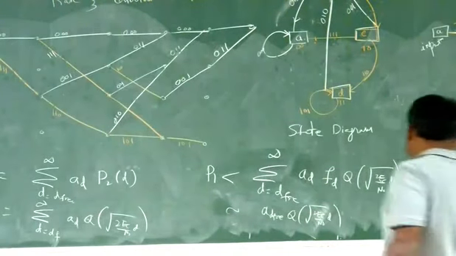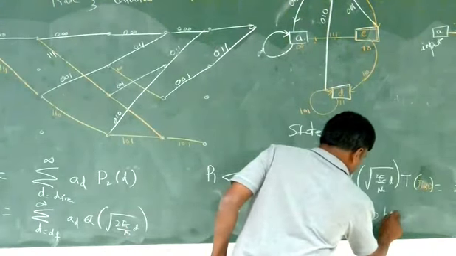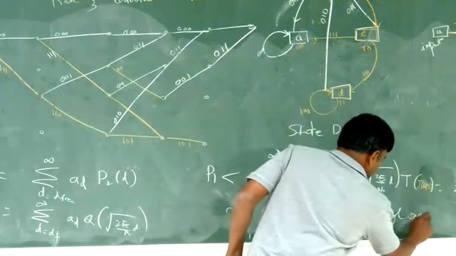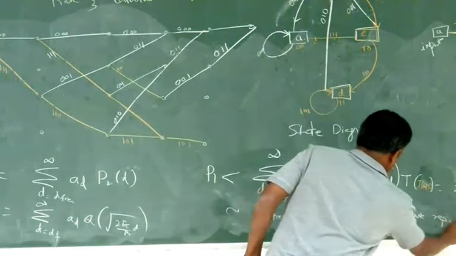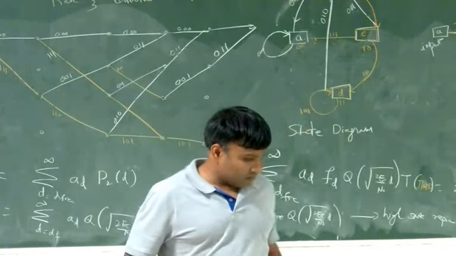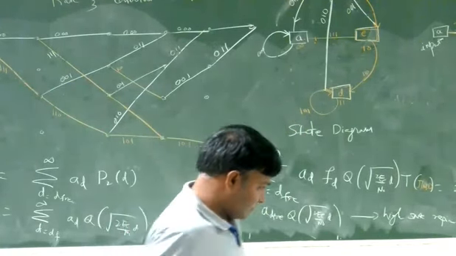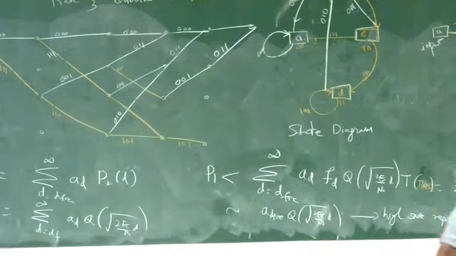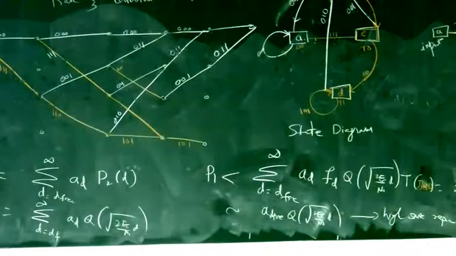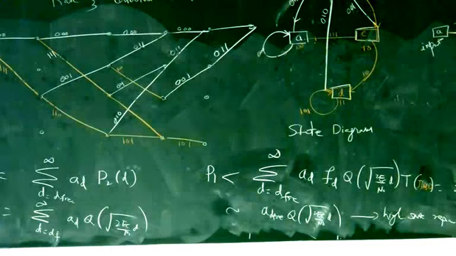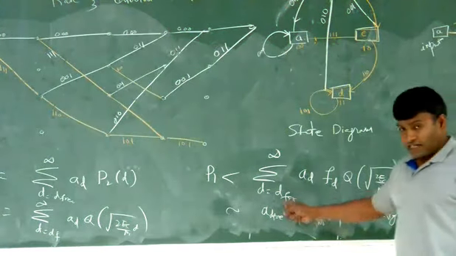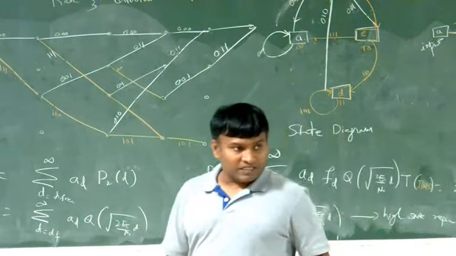This is the highest. So when you design codes, what is the criterion that you want to adopt? Well, you want to maximize d free and you want to minimize the path multiplicity.